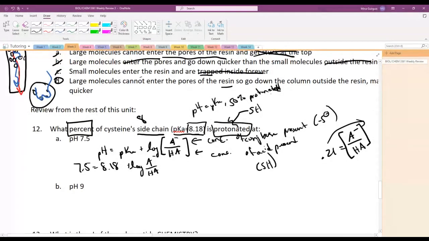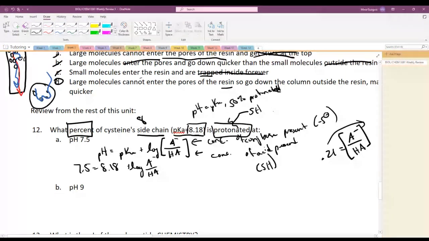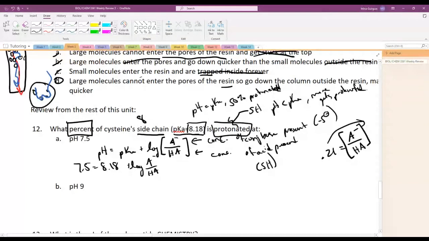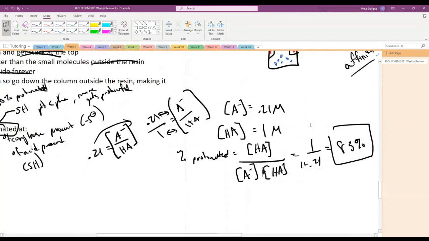When the pH is lower than the pKa, more gets protonated. So let's pause and make sure that makes sense, because right now we have a pH lower than our pKa, so we should have more than 50% protonation. In this case, the number is 83. It makes sense. We're good.